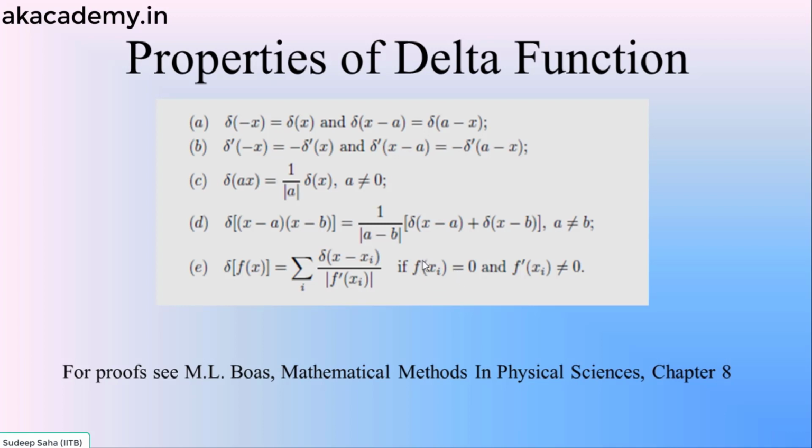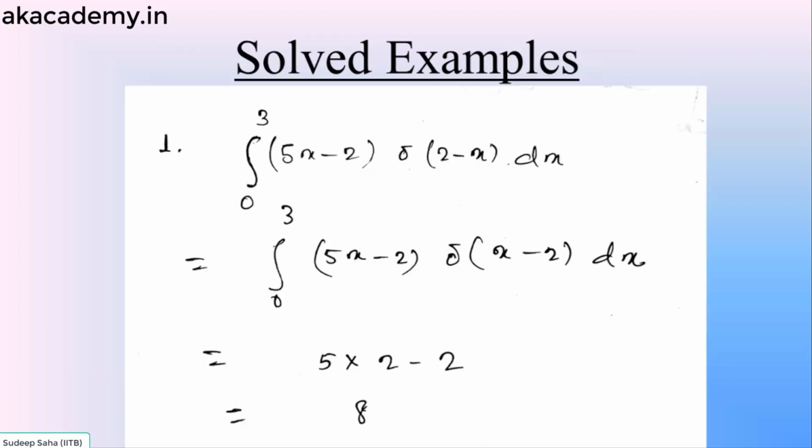Okay, the roots of this function, and f prime xi is not equal to 0 at these points. So these are the properties of delta function. Now we'll see some solved examples and see how delta function works.